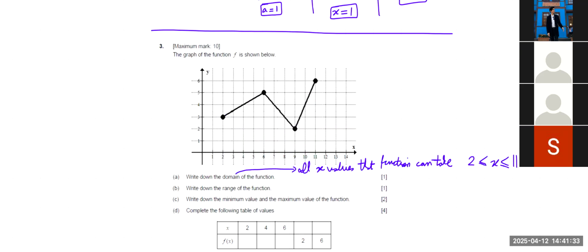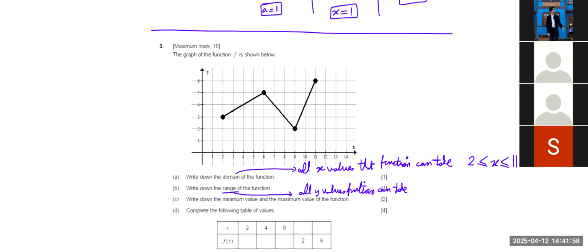Yep. Perfect. Now, for the range, this is all y values that the function can take. So how do we do this part? Amy, tough one. Go for it. So think about all the y values.